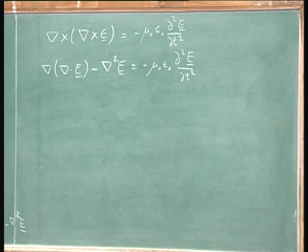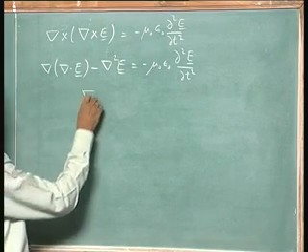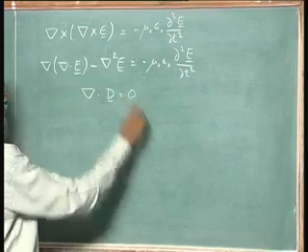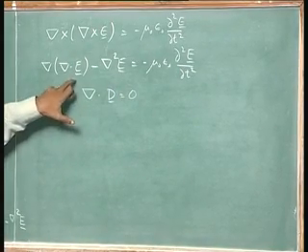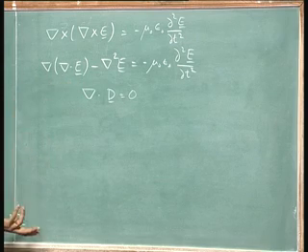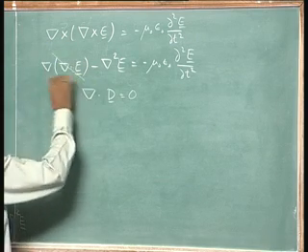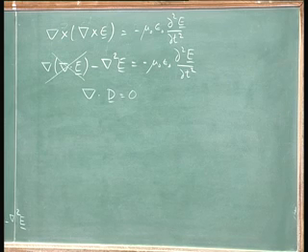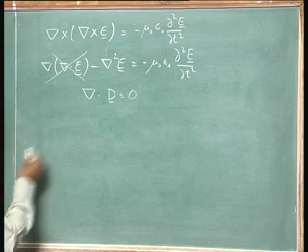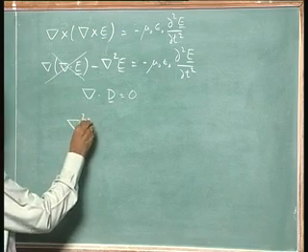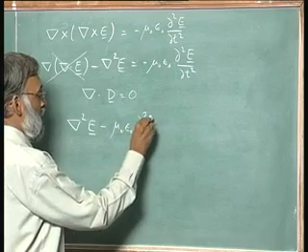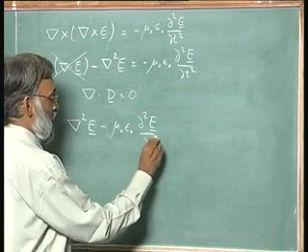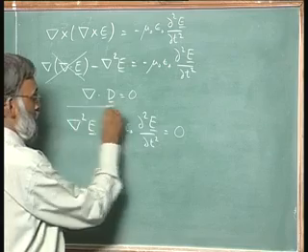Now, I am assuming we are working in vacuum, and we have already assumed divergence of D is equal to 0, no charges. D is nothing but epsilon naught E. So, divergence of E is also 0. This goes away, which leaves us finally with the equation that is the generalization of the 1D problem. Del squared E minus mu naught epsilon naught del squared E del t squared is equal to 0.